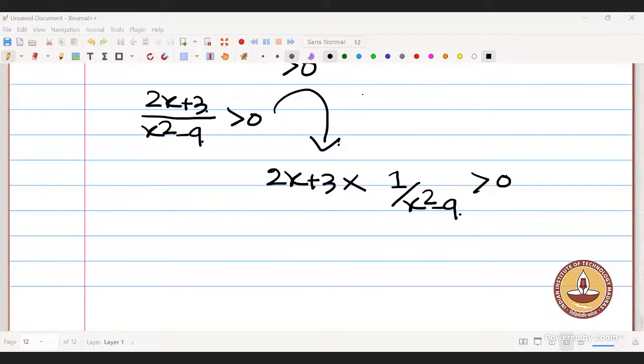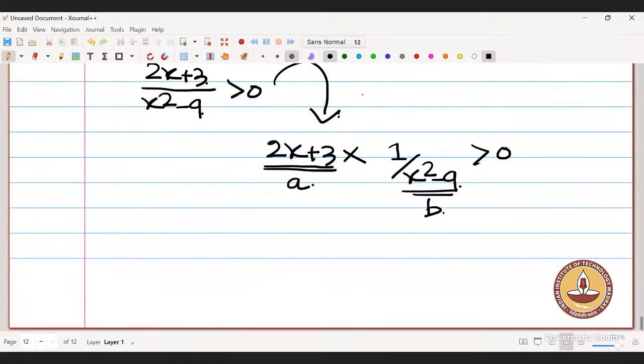Okay, so you can think of this as A and this as B, right? So what I'm saying is basically A times B is greater than 0. When is this possible?